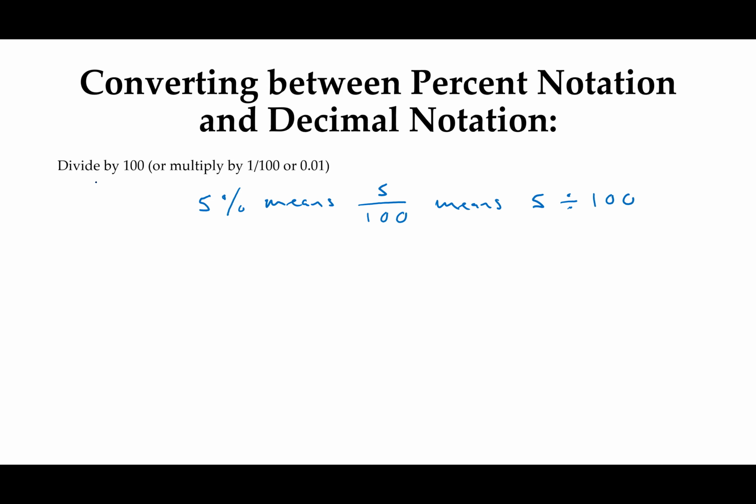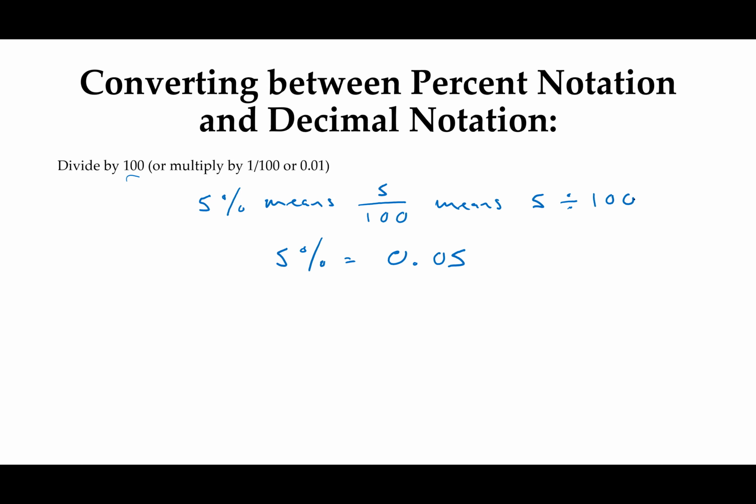And there it is, right? Dividing by 100. Now, we know from fraction arithmetic that dividing by 100 is the same as multiplying by 1/100th. But however you want to consider it, 5 divided by 100 is 0.05. I'm sure you've heard the idea that converting between percent and decimal means moving the decimal left 2 places.